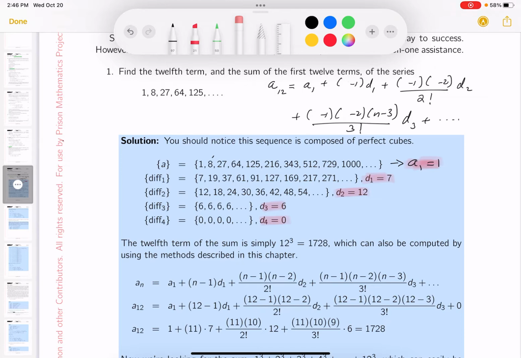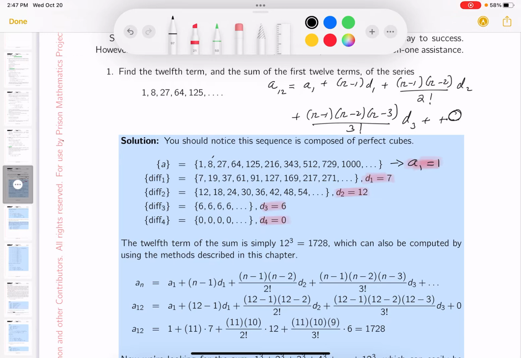Now, some people say, why aren't you putting down like D4 forward? They're all 0, right? Everything after this is a big 0. Everything. So 12, 12, 12, 12, 12, 12.